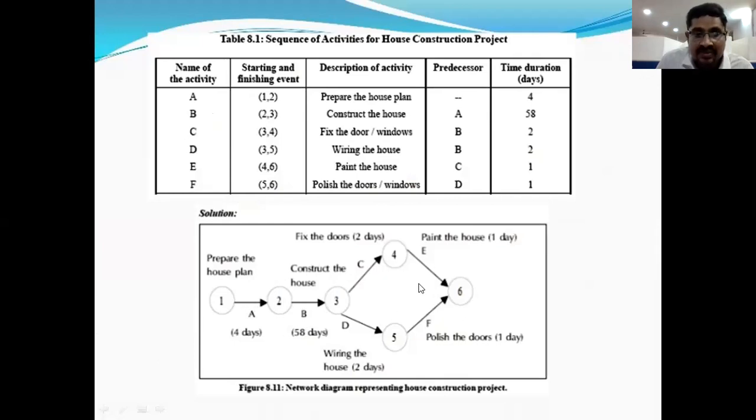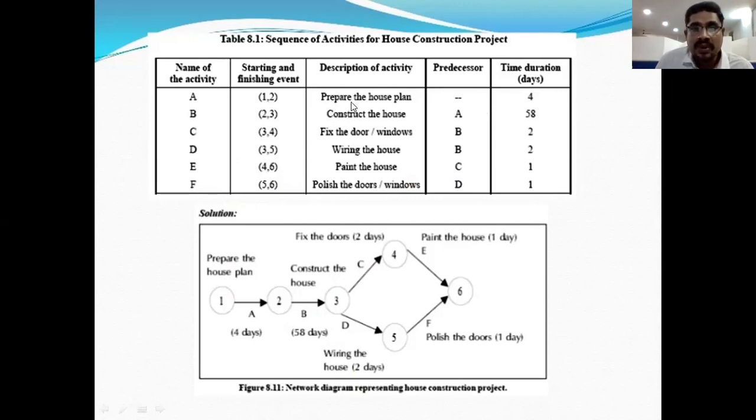Here, first of all, look at these activities. These are the preceding activities and these are the times. These are the explanation of this house construction project, just as an example to understand how to draw the network diagram, right?